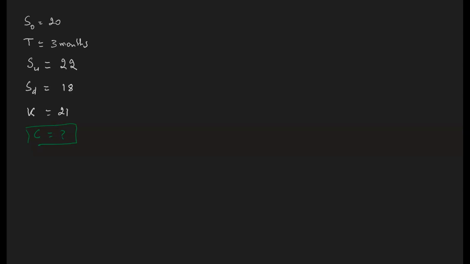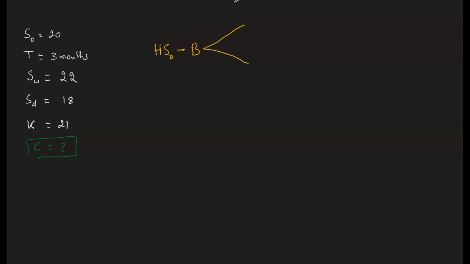Well, this is what we have. We said that if we have H stocks minus some bonds, the future value of this is going to be equal to H stock up minus bond future value, and here we're going to have H stock down minus bond future value.